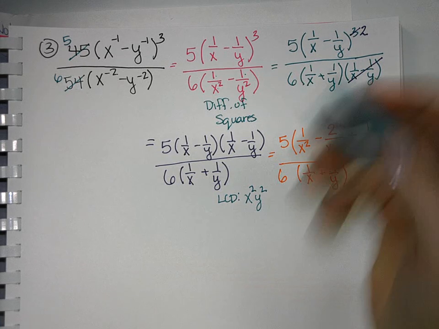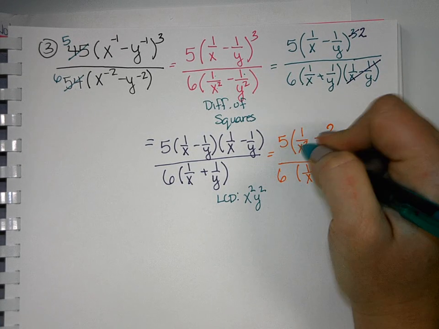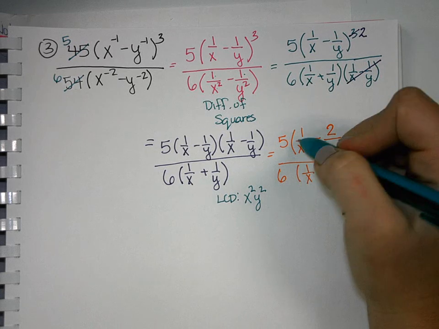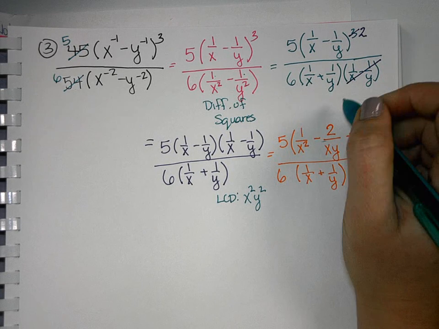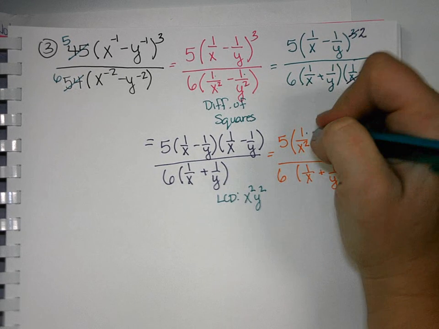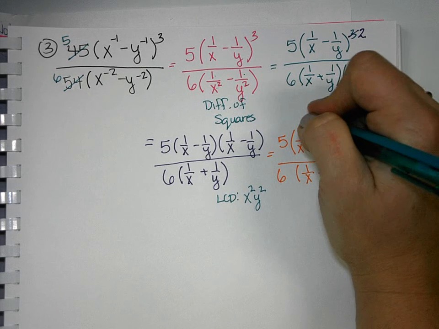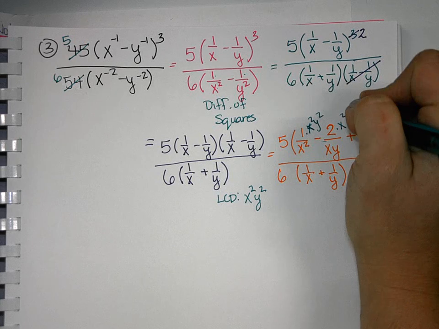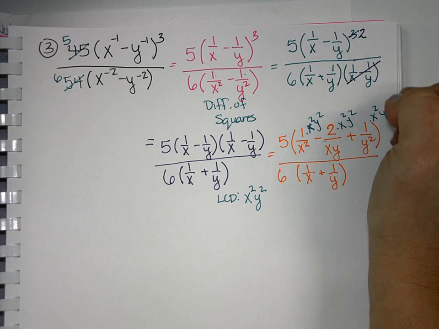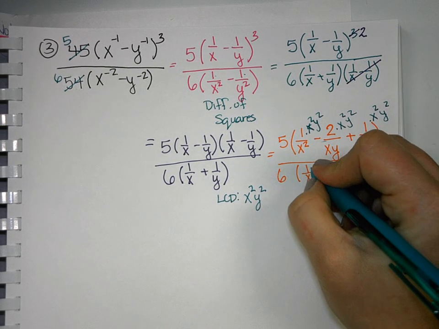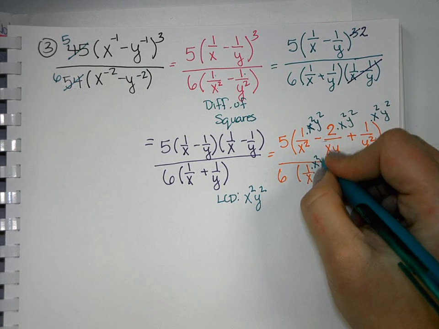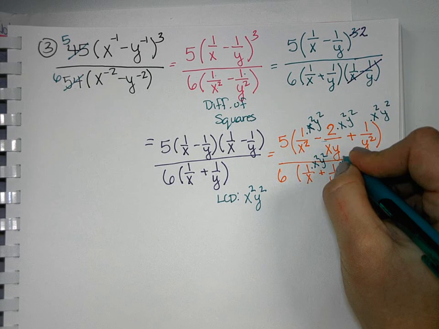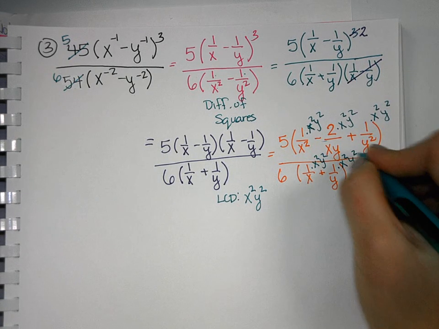We're only going to multiply the added and subtracted terms. If you distribute the 5, then it wouldn't matter, they'd still get multiplied by the x squared y squared. So we're only going to do the terms that are being added and subtracted. If you want to distribute the 6, you can, but you don't need to.